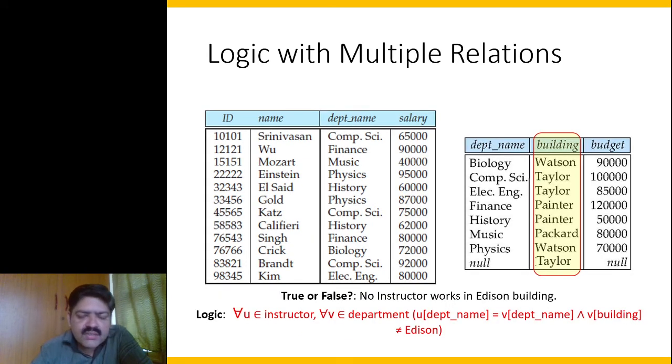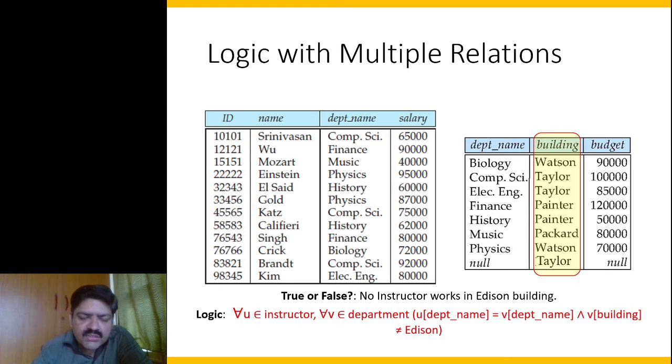No instructor works in Edison building. Can you give me a logic expression for that, or see if this logic expression is correct? So we want to check no instructor works in Edison building, right? So for all u belonging to instructor and for all v belonging to department, the following constraint should hold: U of department name is the same as V of department name. So that's our join condition.